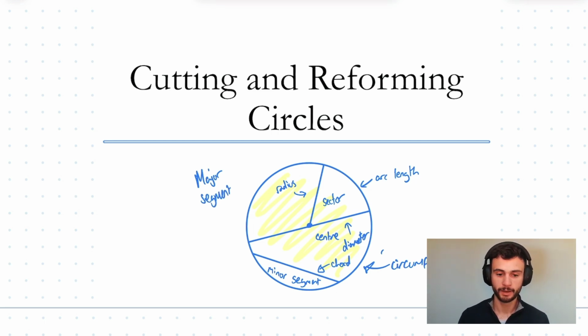Okay? So there's a subtle difference between segment and sector. Sector, so your pizza slice, is formed between two radii, this radius and this radius, which meet at the center. Minor segment is formed with a chord that doesn't touch the center point of the circle.